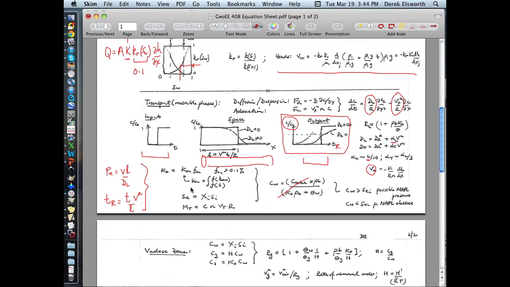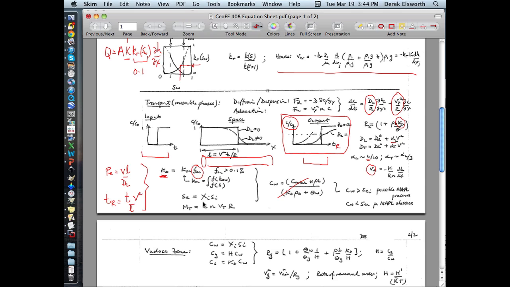Not sure we talked about that in much detail. We talked about how to get distribution coefficients, which we need here, from data, from back analysis from natural gradient plumes, or from cases where we had a significant amount of organic carbon in the system.